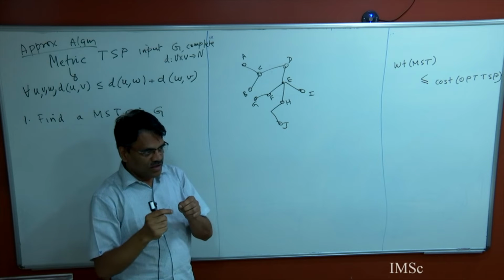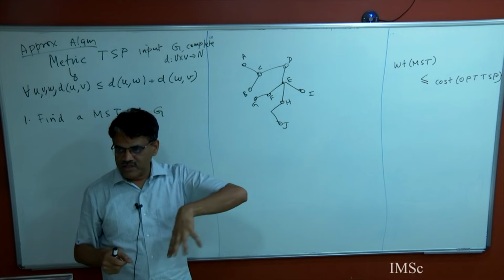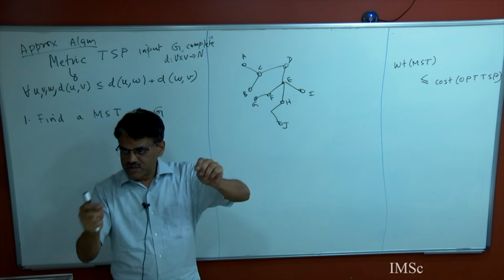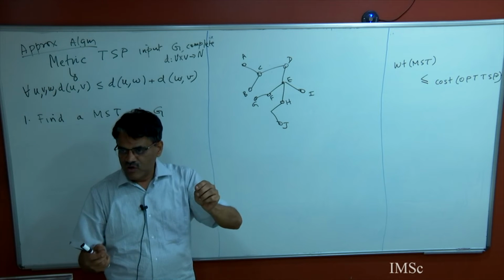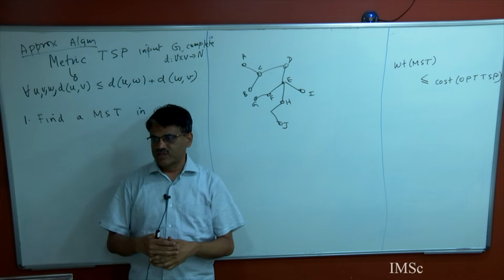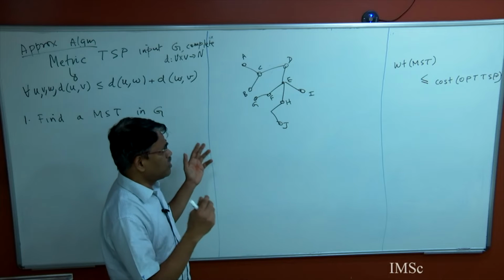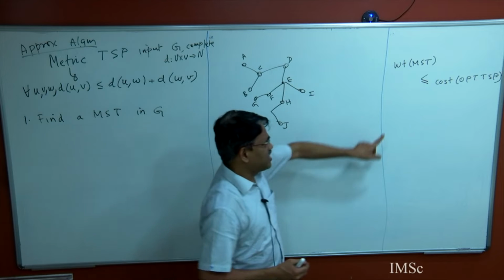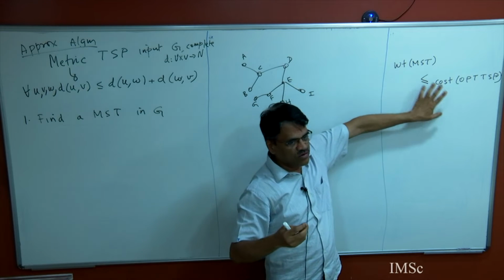TSP is a cycle. So, take the optimum TSP tour and delete one edge; what you get is a spanning tree, because it's a Hamiltonian path. So, the weight of the minimum spanning tree will be less than or equal to that. In fact, if the edge weights are all non-zero, then this will be strictly less, because you're deleting an edge to get a tree.